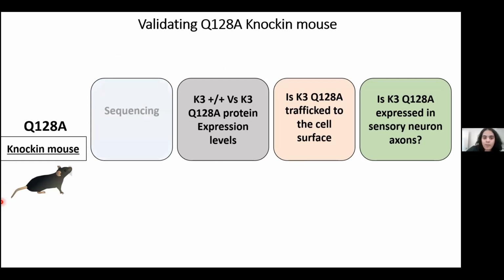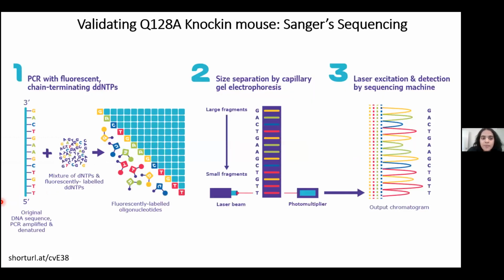We used 4 different methods to validate our mouse. The first one was sequencing. As you know, I can just quickly run through this. In single sequencing, essentially you have these ddNTPs that stop the reaction wherever they're incorporated as the sequence is being made.